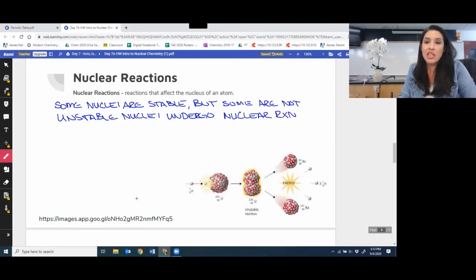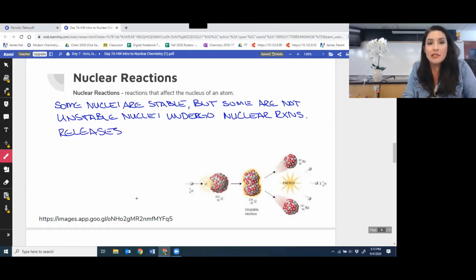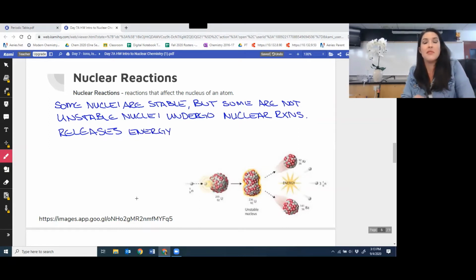And here's my abbreviation for reactions. Whenever a nuclear reaction takes place, it releases a tremendous amount of energy. And in some instances, we're able to use that energy, like in the instance of a nuclear power plant.